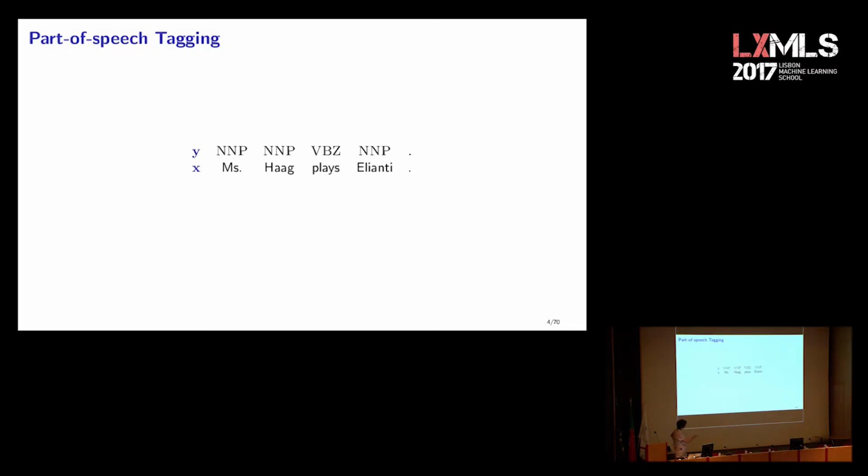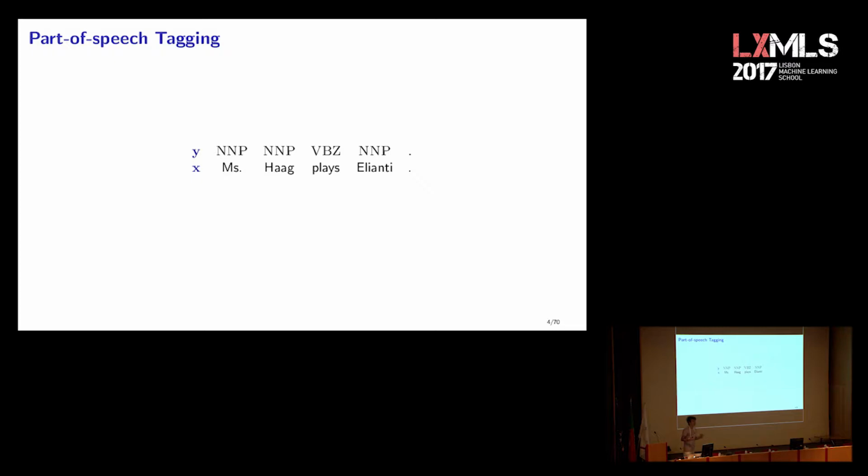So noun, noun, verb, noun. Here again, place, in most cases, is a verb, but it could be a noun also. But the fact that this word is in between nouns suggests that this is a verb. So there are dependencies of the input, but there are very important dependencies on the output that we'd like to exploit.